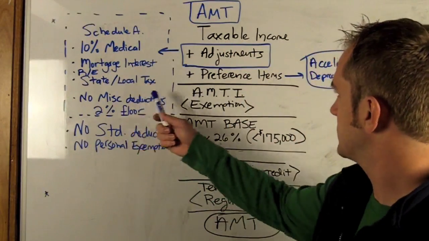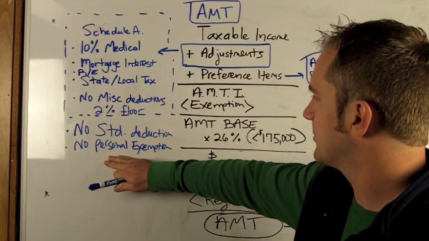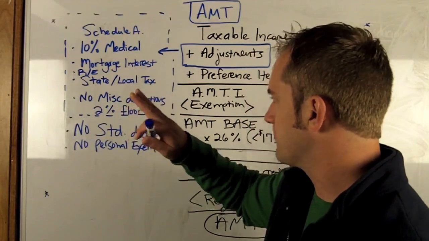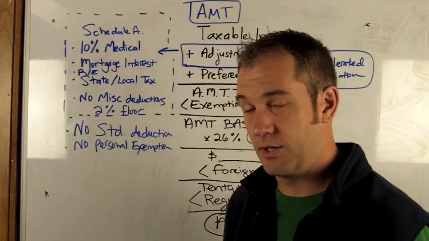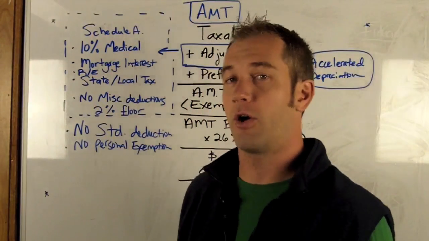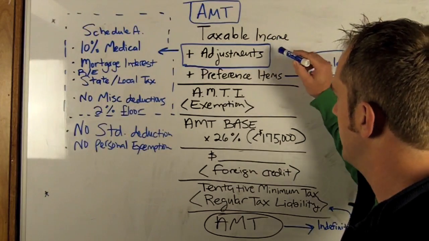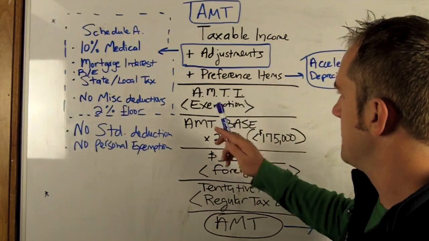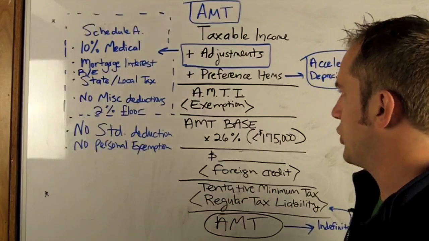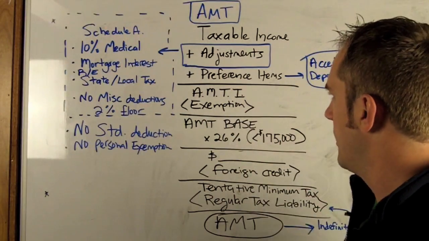So you have these adjustments and these preference items, and two more adjustments are you cannot take a standard deduction for AMT, and no personal exemptions are allowed. And so you have your taxable income, you have your adjustments that you're adding back, and that brings you to your AMTI, your alternative minimum taxable income.